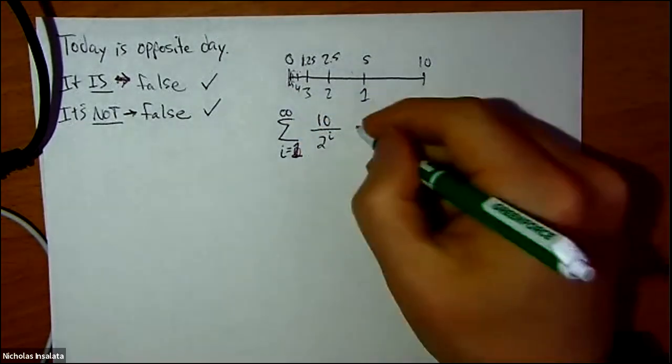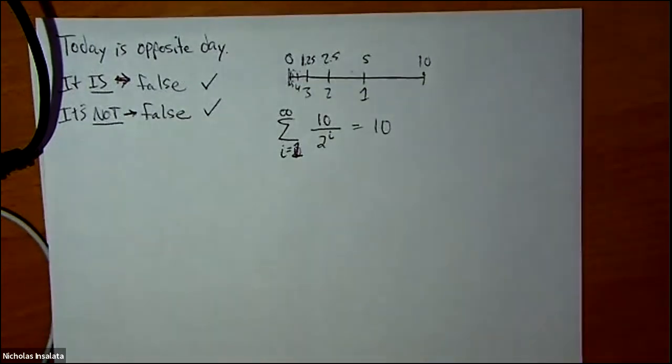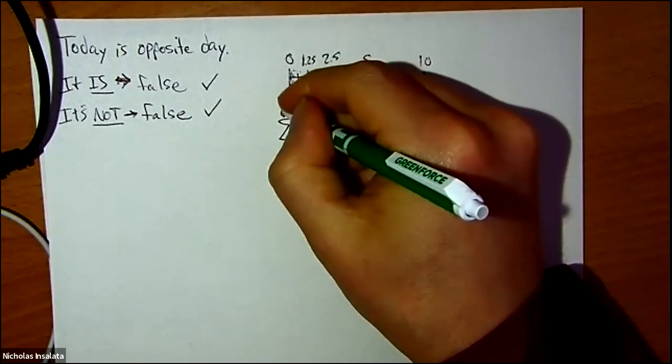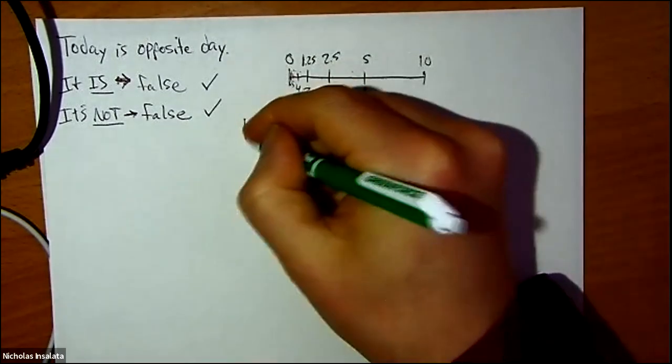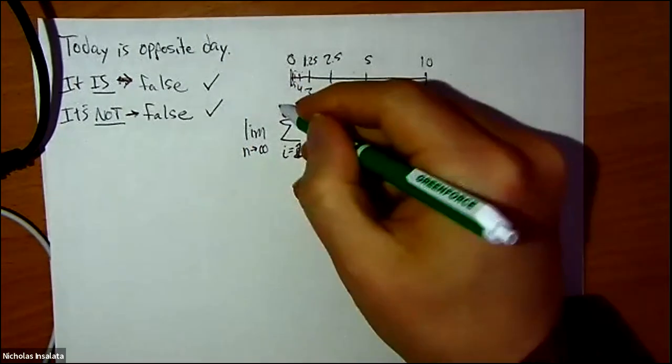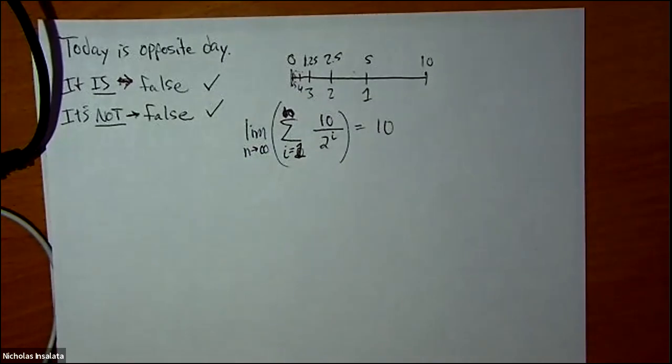That just equals 10. Or if you want to put the limit in there, if the limit makes you happy, let me turn this into an n. So the limit as n goes to infinity of this guy equals 10.